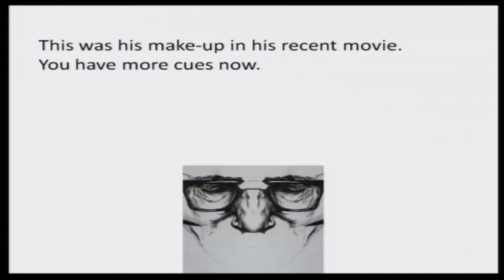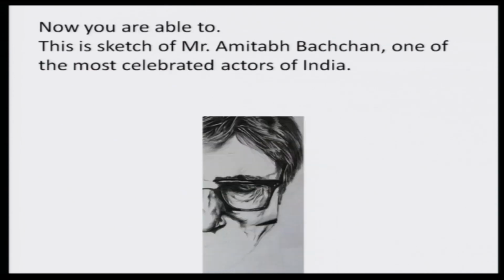I add a little more and I say that very recently you saw one of his recent movies which had this very character. Can you now identify whom you are looking at? And now when you see half of the face, you say, oh, I know him, he is one of the most celebrated actors of Indian cinema, Mr. Amitabh Bachchan. This is the priming technique.